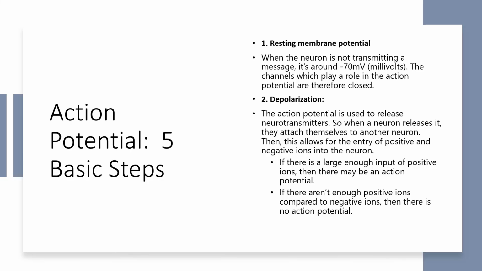So here we have the 5 basic steps of action potential. Like I said, you do not need to know this. I think this is beyond the scope of our introductory psychology class, but you should know those things that I've reviewed. Make sure that you know the basic parts of the neuron. You should know about action potential, the basics, what you learned. You should also know about how neurons communicate with one another.